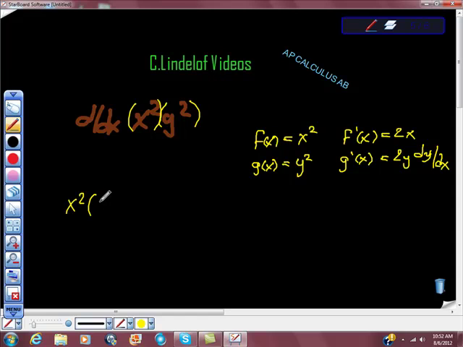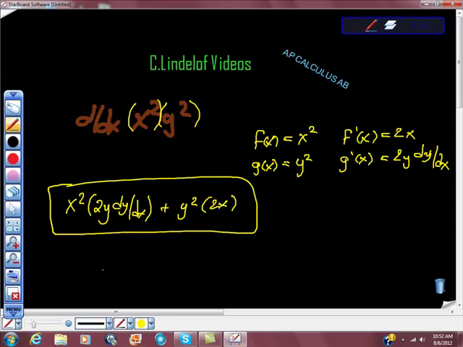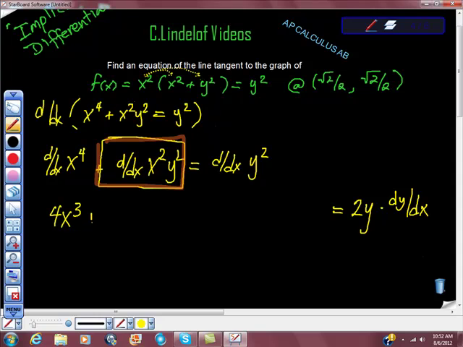I'm going to put this together using the product rule now, which gives us x squared times 2y dy dx, plus, this is just me filling in the blanks on the product rule, y squared times 2x. Then I'm going to take this piece and substitute it back in on the side that we were just working on. I'm going to go back to that page and put all the work we just did right in here.